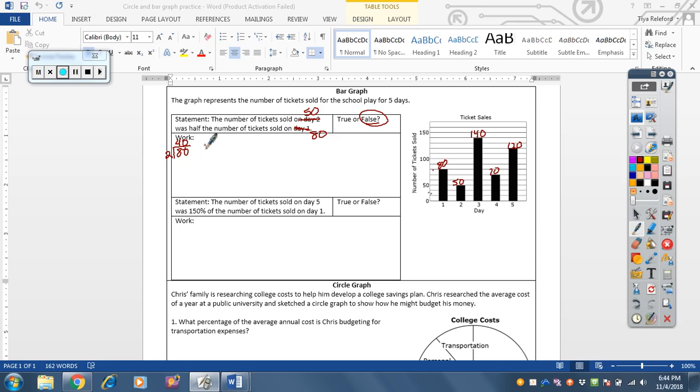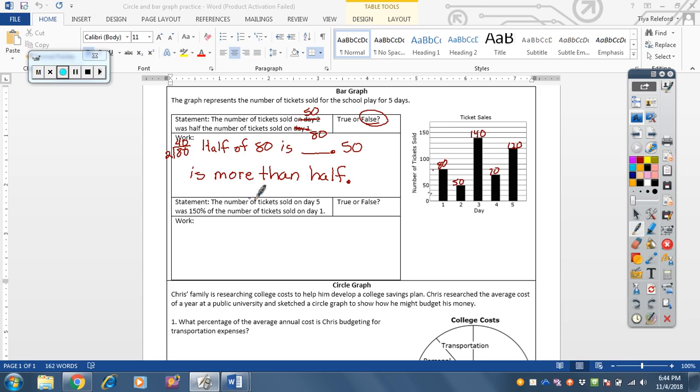So in this spot, you need to write something like: half of 80 is blank. 50 is more than half. Something like that. It doesn't have to be exactly like mine.